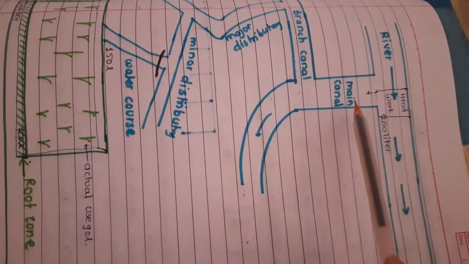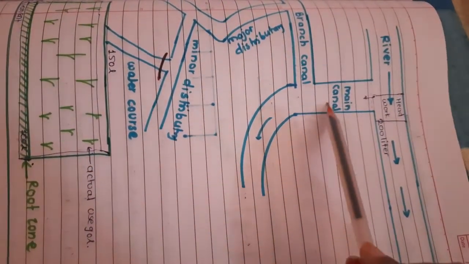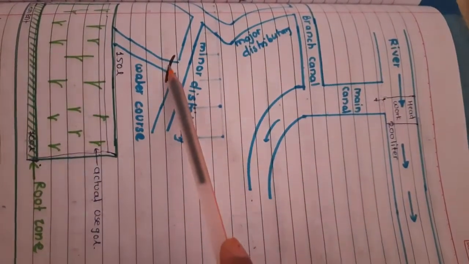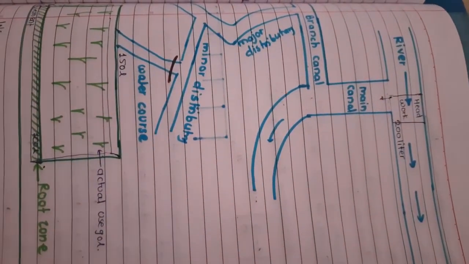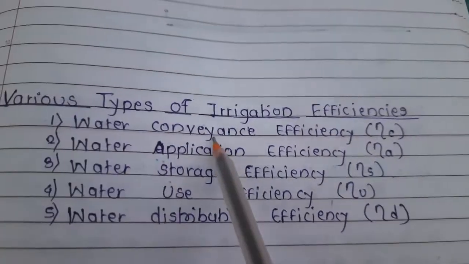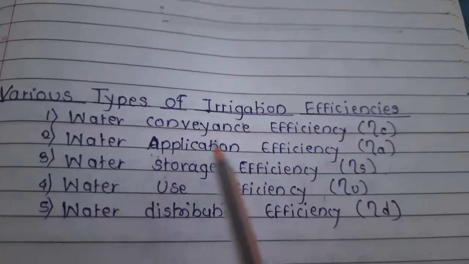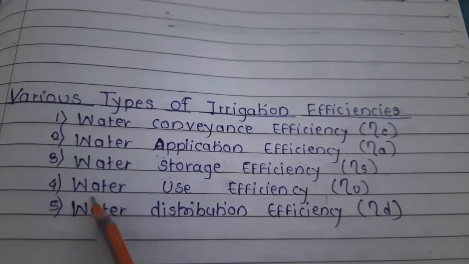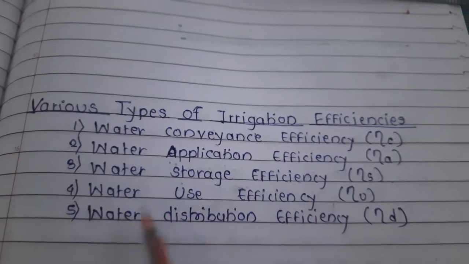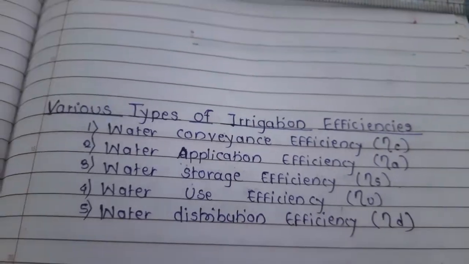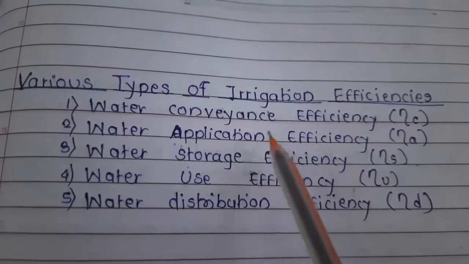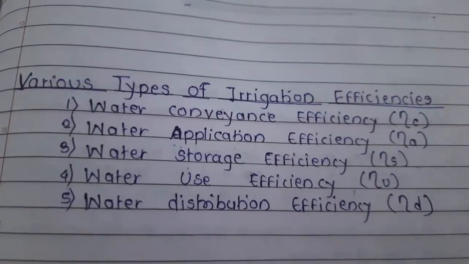From canal to branch canal, major distributary, minor distributary, water course, and then field. First is water conveyance efficiency, then water application efficiency, water storage efficiency, water use efficiency, water distribution efficiency. We choose this sequence because this is very easy to understand.